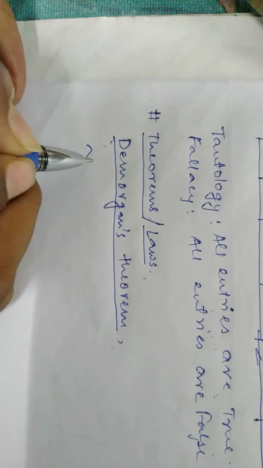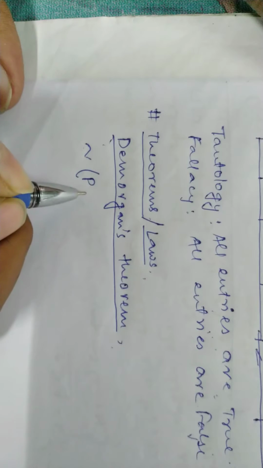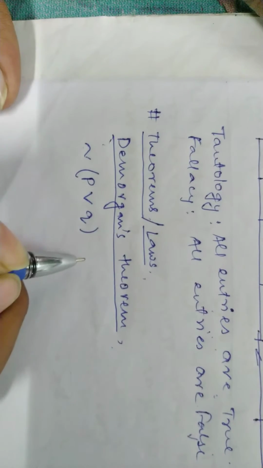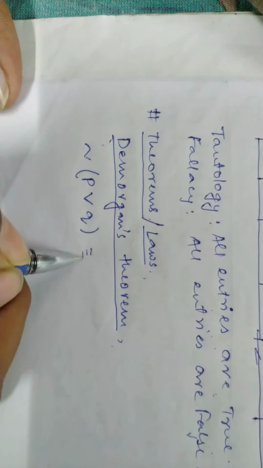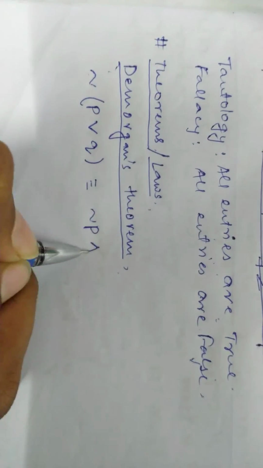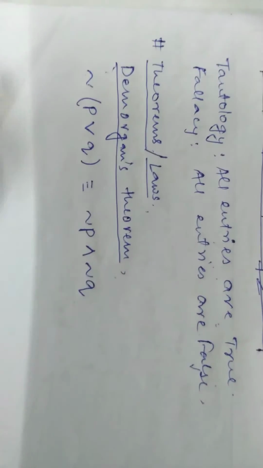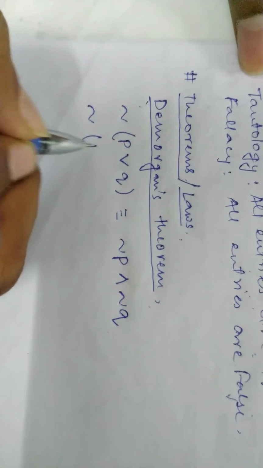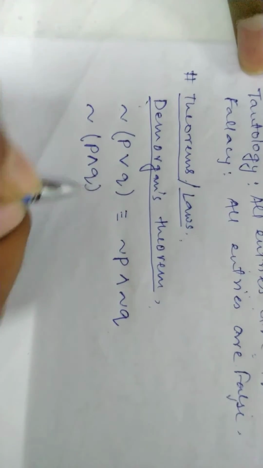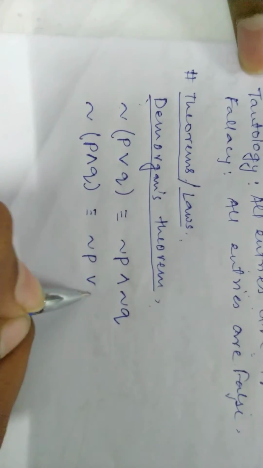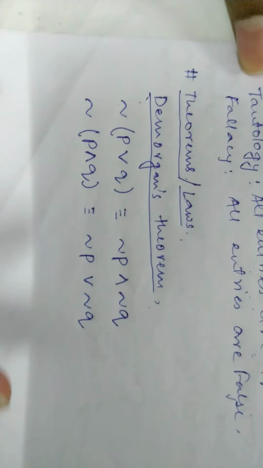So what is this? Negation of P or Q is given as what? It is given as negation of P and negation of Q, right? Again, another part, negation of P and Q is given as negation of P or negation of Q. This is De Morgan's theorem.